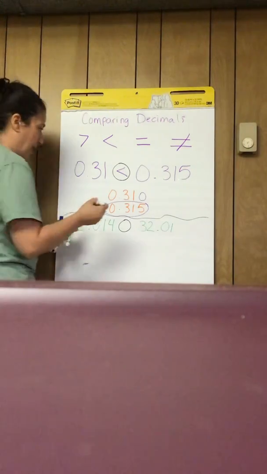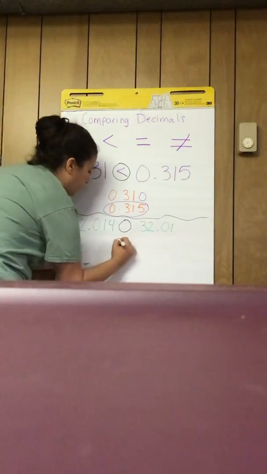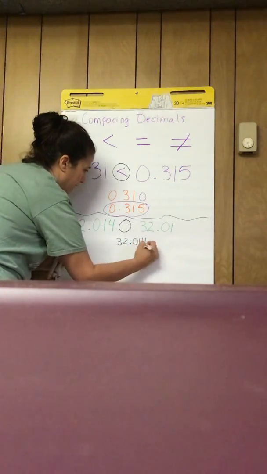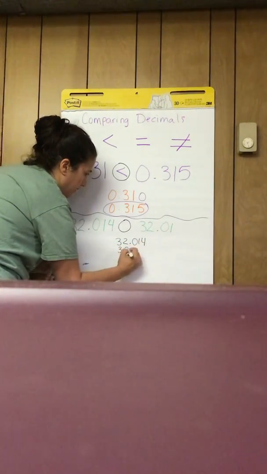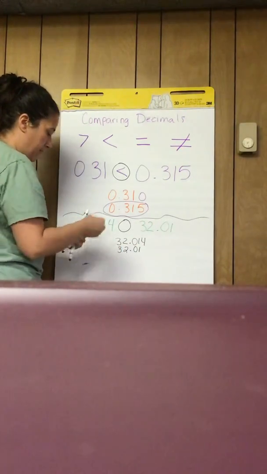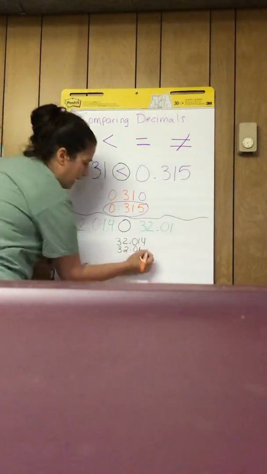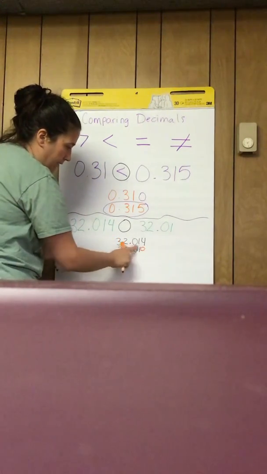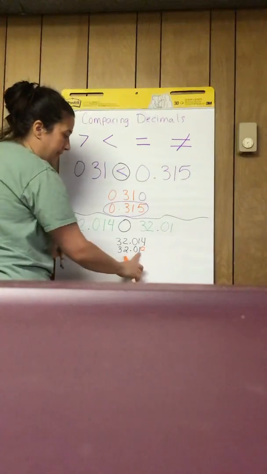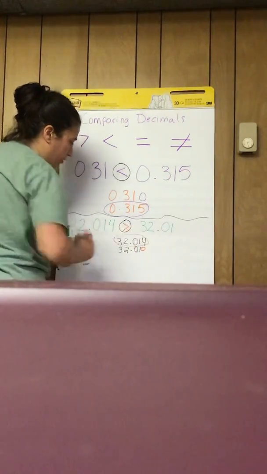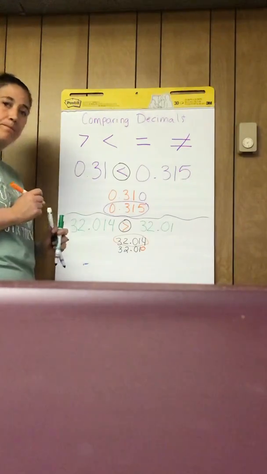Again, you want to line those decimals up, so 32 and, once you have them lined up, you want to add a magic zero. So your whole numbers are the same. Here you have 14 thousandths and 10 thousandths. So this decimal is going to be larger, and you can add your sign.